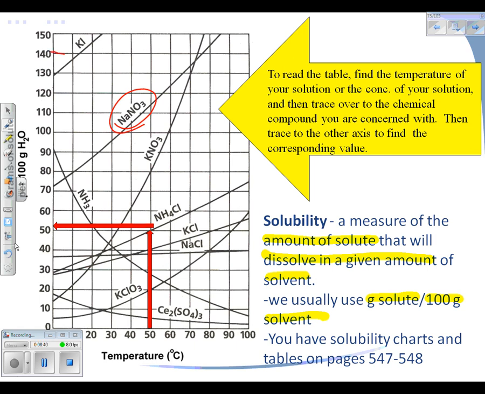So I would go up here to 140 and I would hit the line for that particular compound, and then I'd go down, and that would be about 75 degrees Celsius. So that would be the temperature where I could get 140 grams of sodium nitrate to dissolve for every 100 grams of water that I had. Okay.